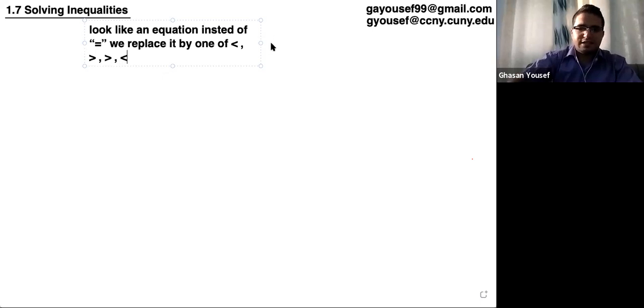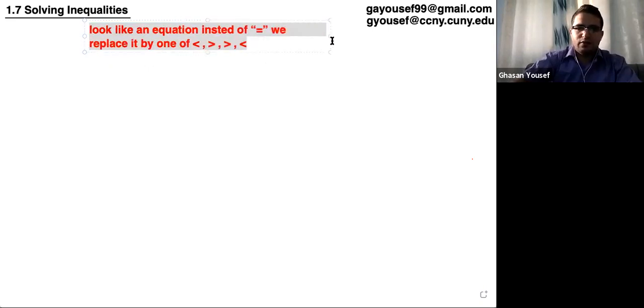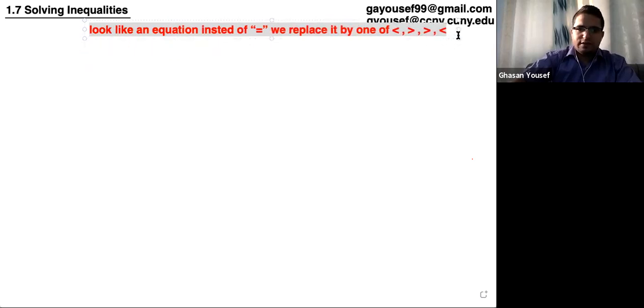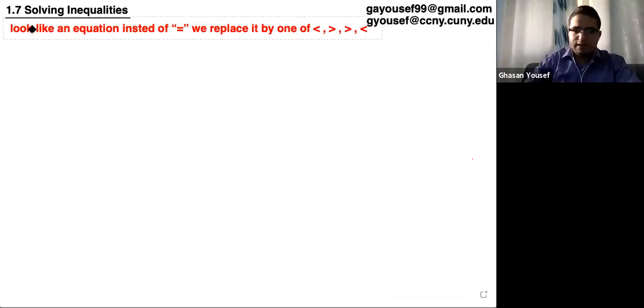So it looks like an equation, but it's not an equation. Instead of the equal sign, we use different signs: less than, greater than, greater than or equal, and less than or equal.